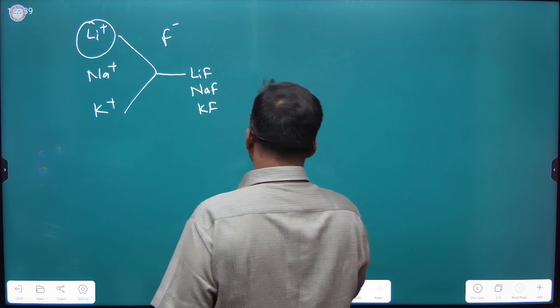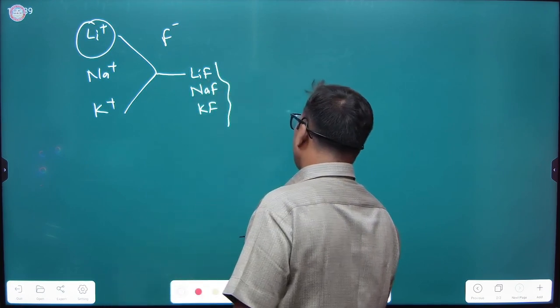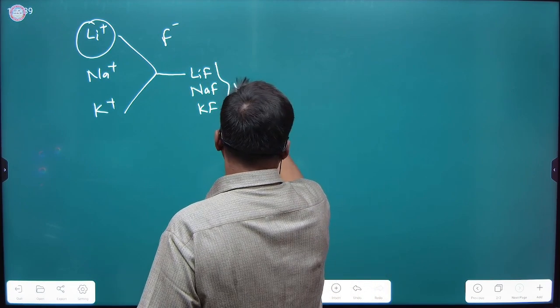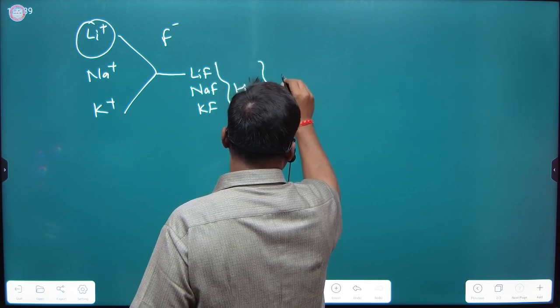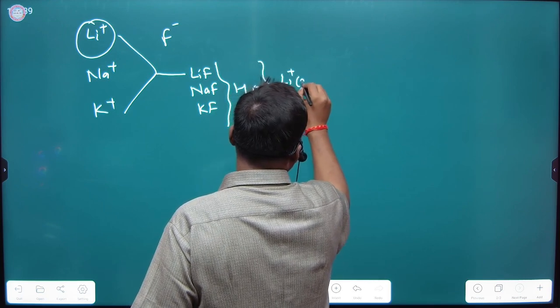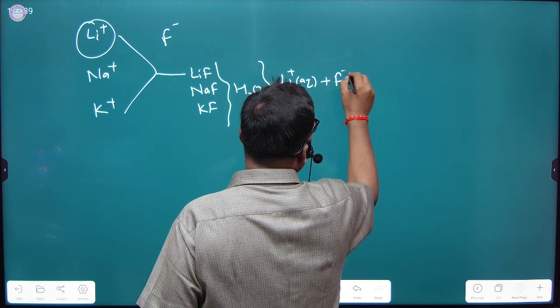Ionic compounds, once dissolved in H2O, form ions like Li+(aq) and F-(aq).